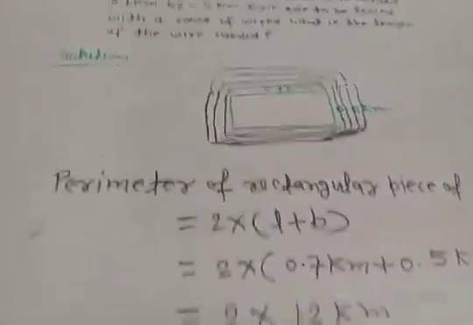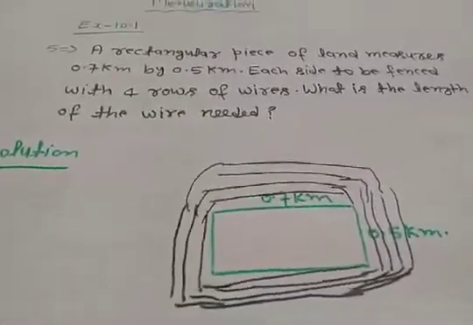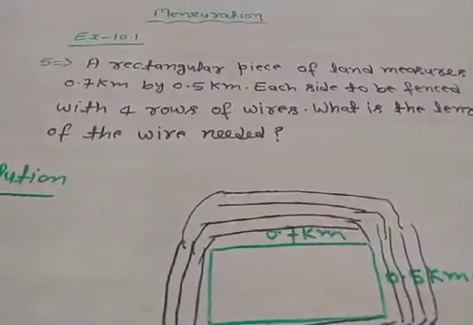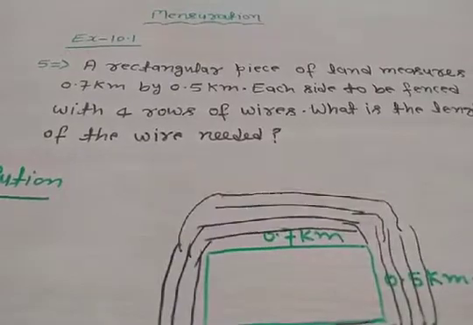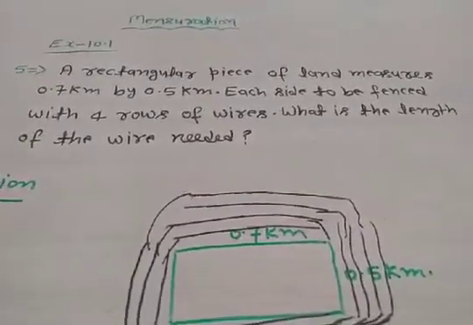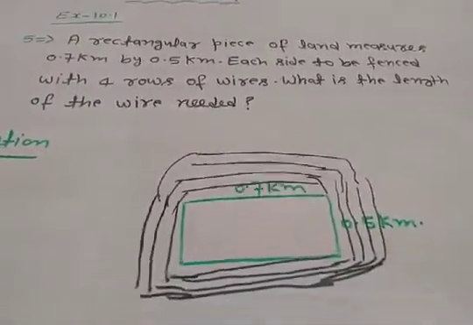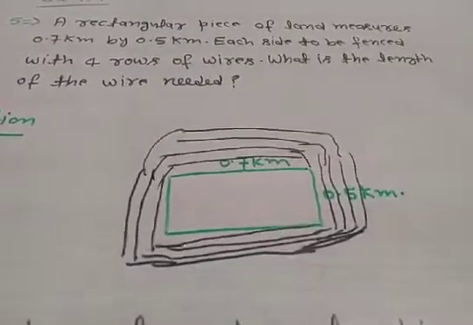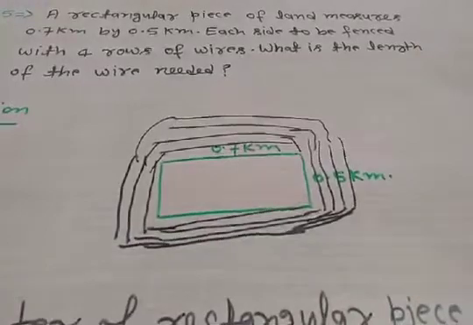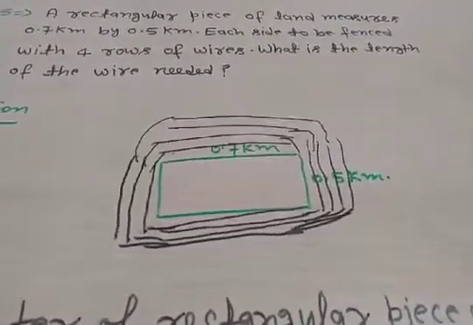Okay, so in this way you can see in this question, a rectangular piece of land measures 0.7 kilometers by 0.5 kilometers, each side to be fenced with 4 rows of wire. What is the length of the wire needed? So here you can see this is the figure, a rectangular piece of land whose length is 0.7 kilometer and breadth is 0.5 kilometer.